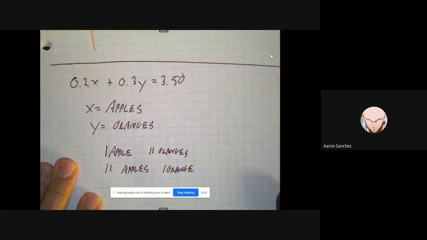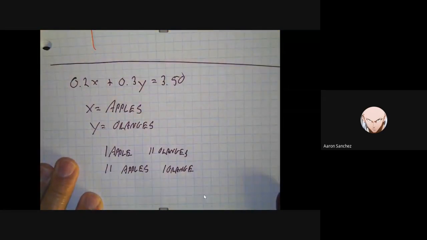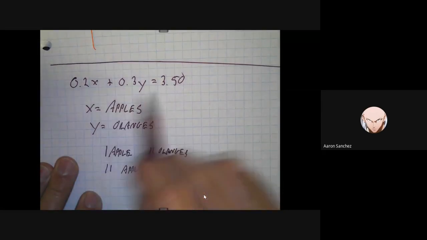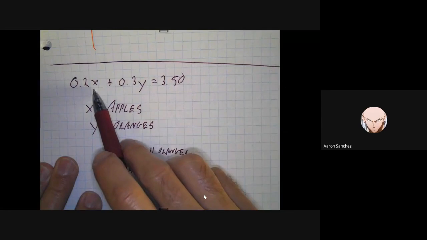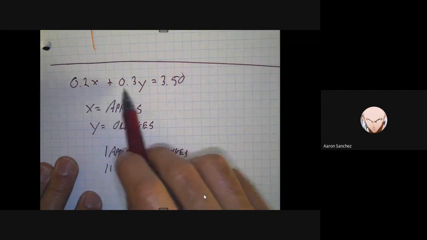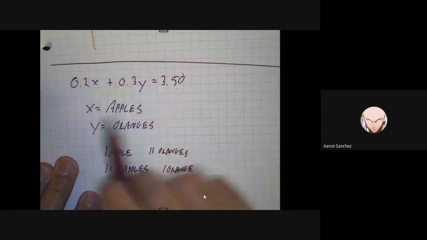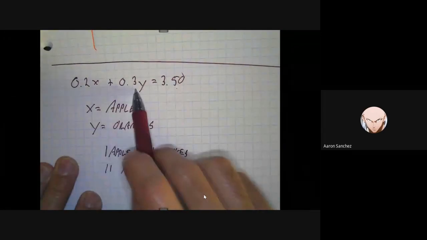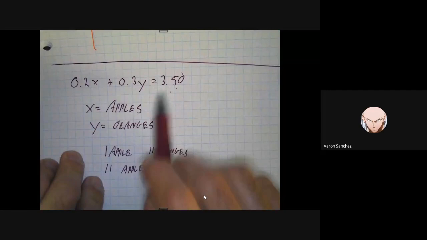Okay, here's my equation here. Now, it says that the equation works for $3.50. We can go 0.2 times x plus 0.3 times y equals $3.50, where x equals apples. So how many apples and oranges can we buy so it equals $3.50 is what it's saying.